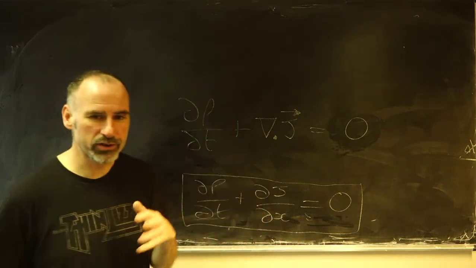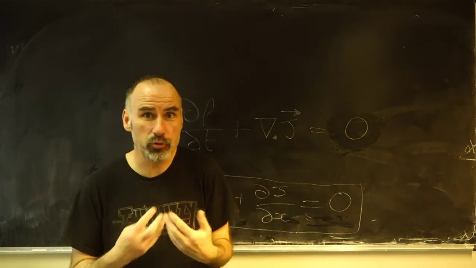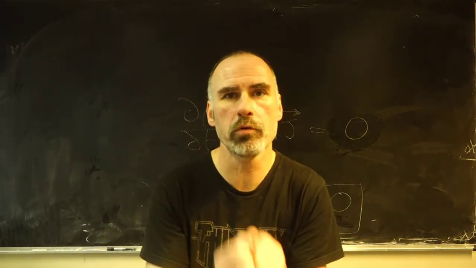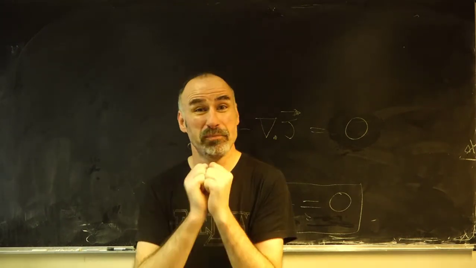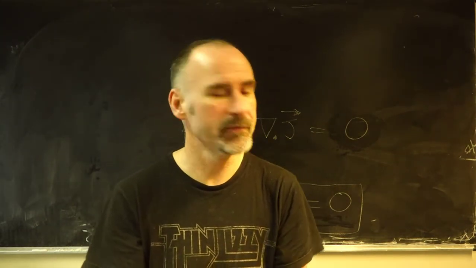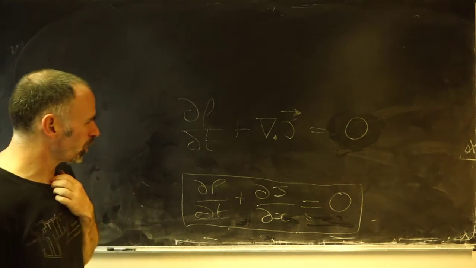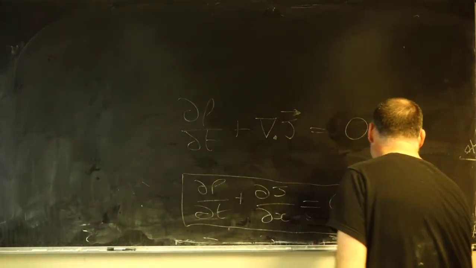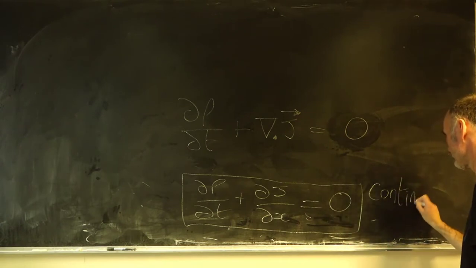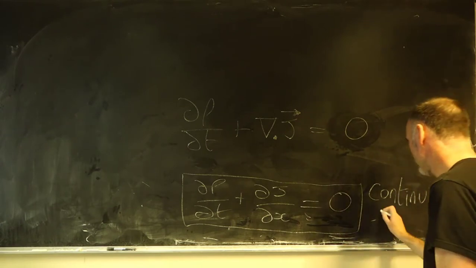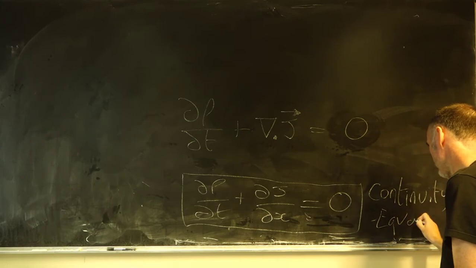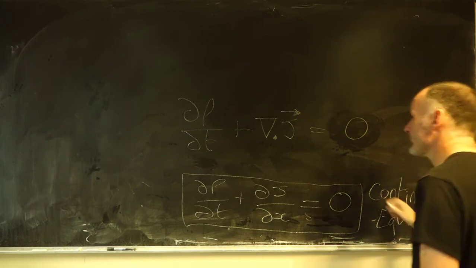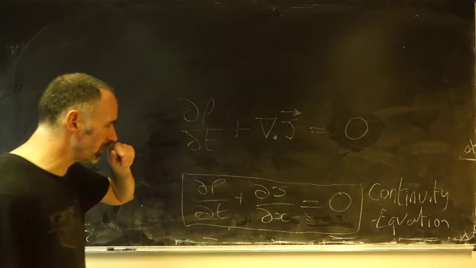And similarly here, we set that equal to 0, which means we're not creating or removing particles from the system. It's basically the conservation of mass, in terms of our continuity equation for quantum mechanics. And this is our continuity equation more generally.